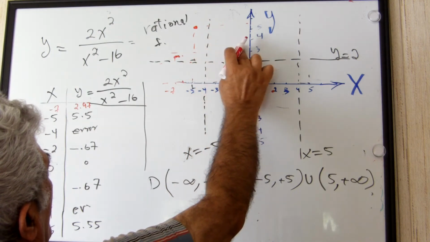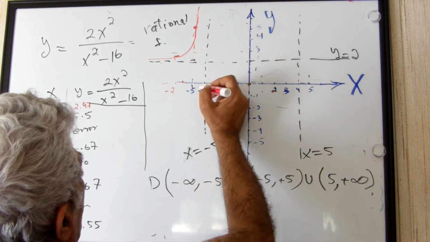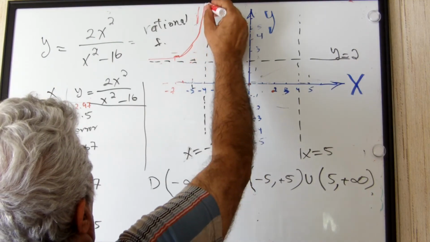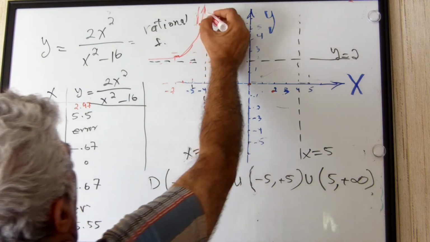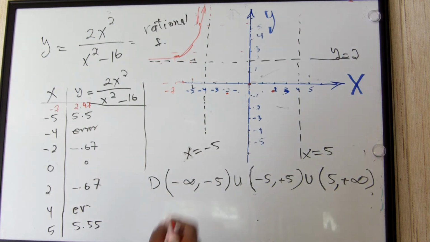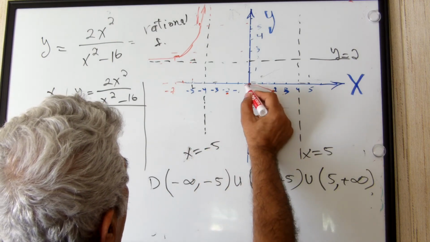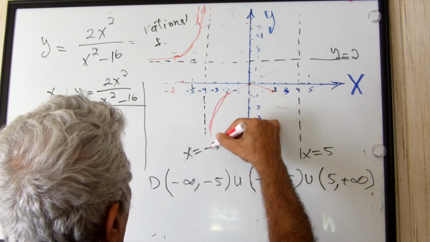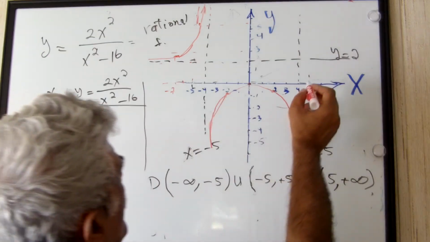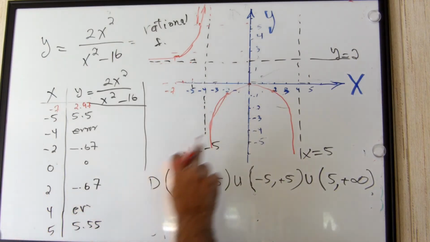It's going to approach x equals minus 4, and here we find some point, and if we connect this, it approaches the vertical asymptote. Then let's give some number more than 5, because we need this number.